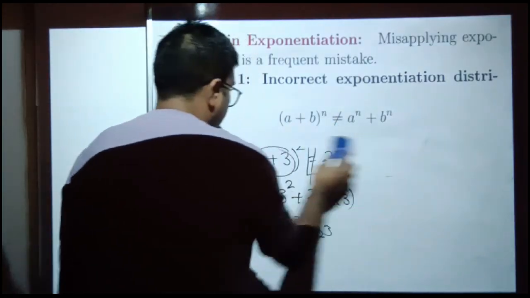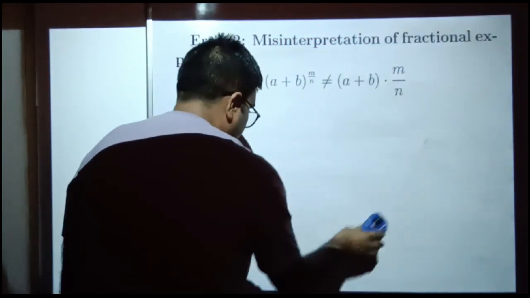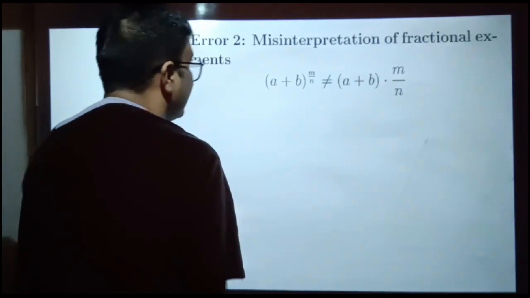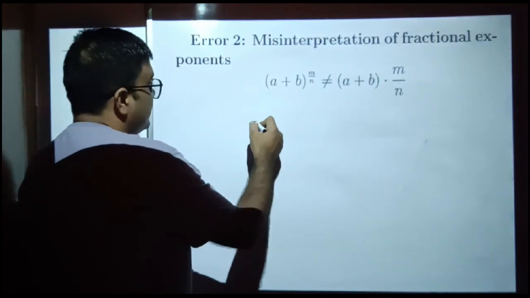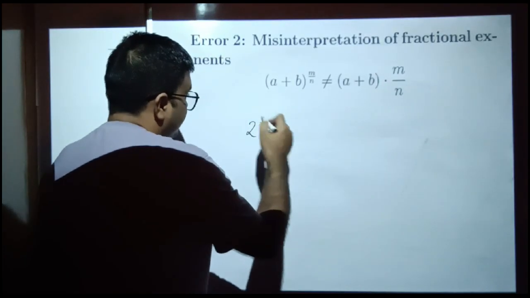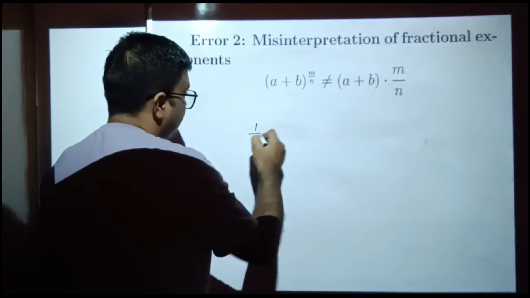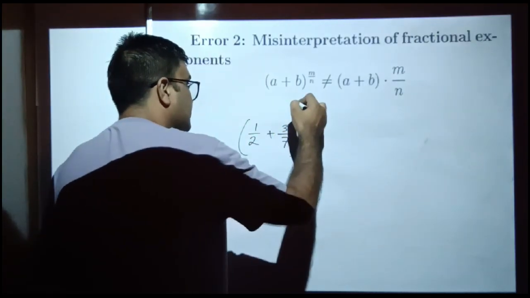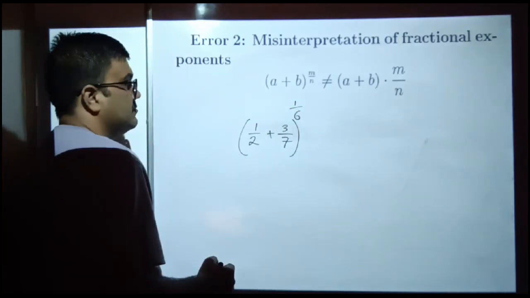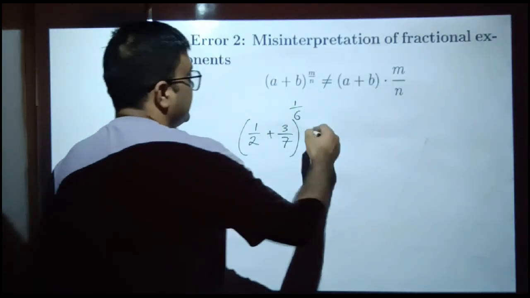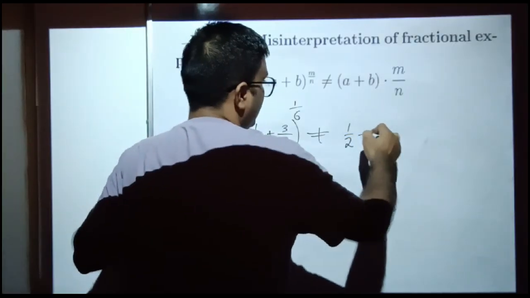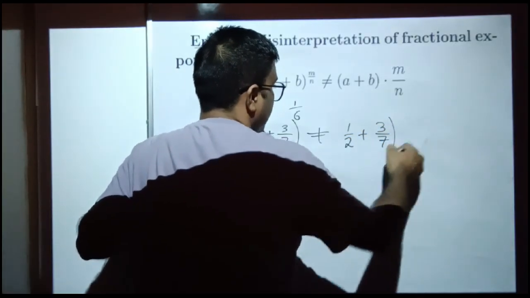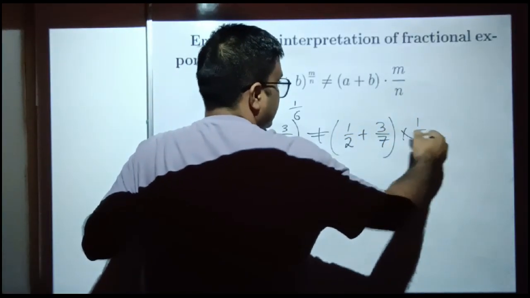Next is the confusion in notation. Suppose I am writing 1 by 2 plus 3 by 7 whole raised to the power 1 by 6. It doesn't mean that we are talking about 1 by 2 plus 3 by 7 into 1 by 6.